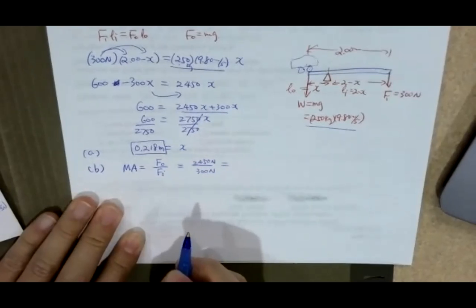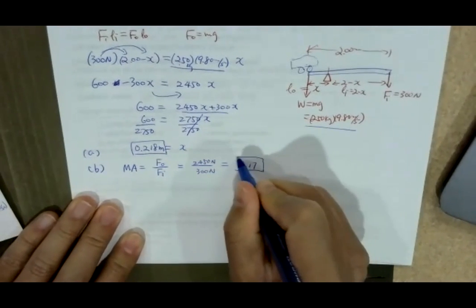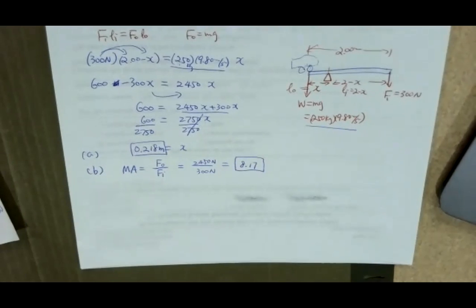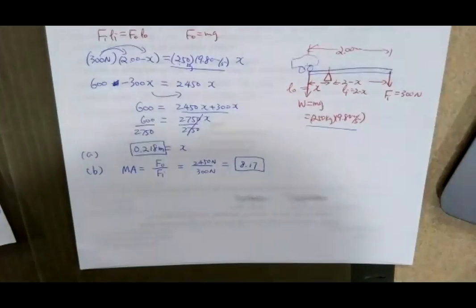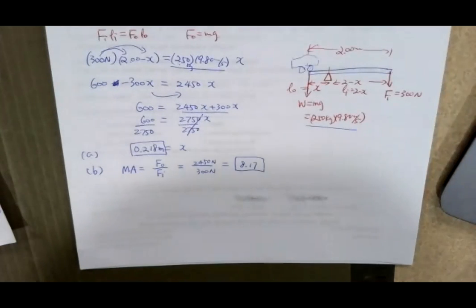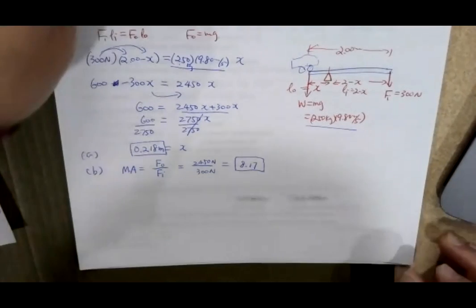That will give you roughly 8.17. Mechanical advantage is a ratio of two forces, so it doesn't have a unit.